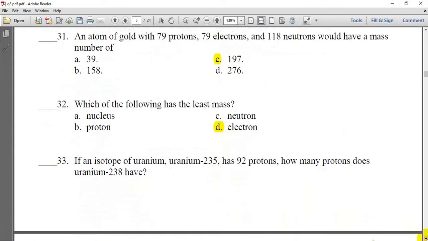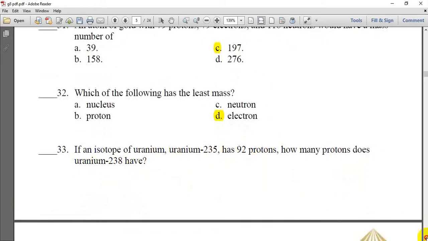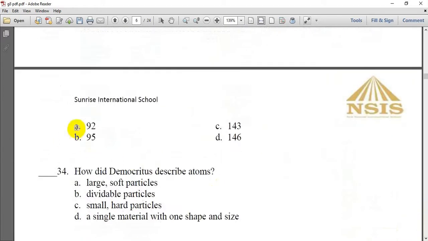If an isotope of uranium, uranium-235, has 92 protons, how many protons does uranium have? Here uranium and here also uranium, so they will all have the same number of protons, which is 92. Question 34. How did Democritus describe atoms?